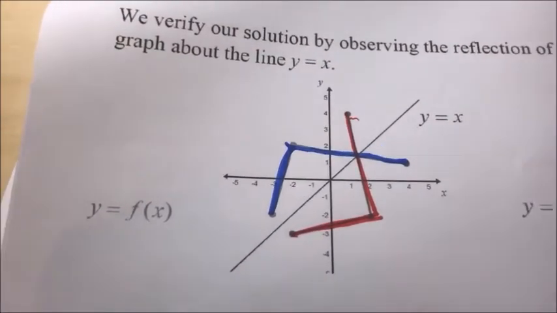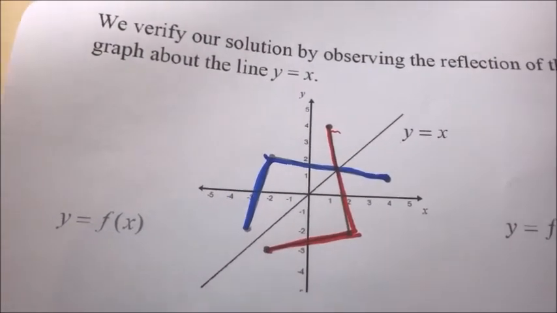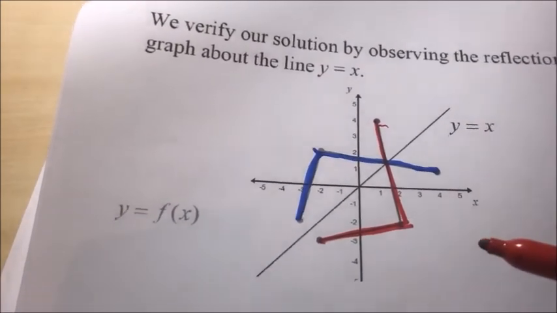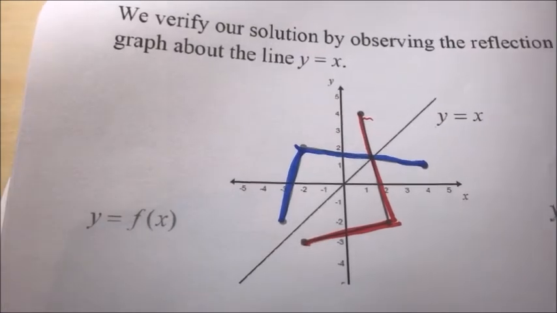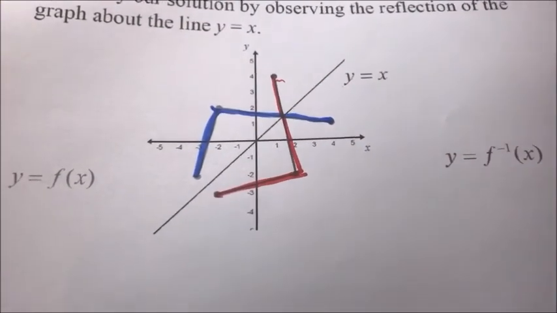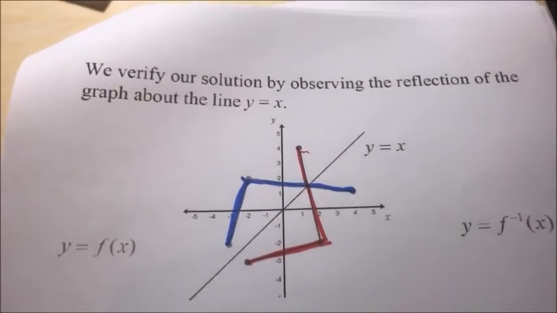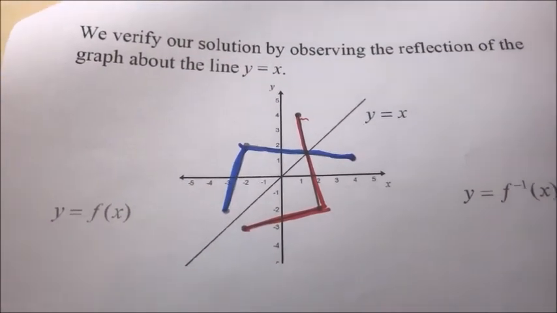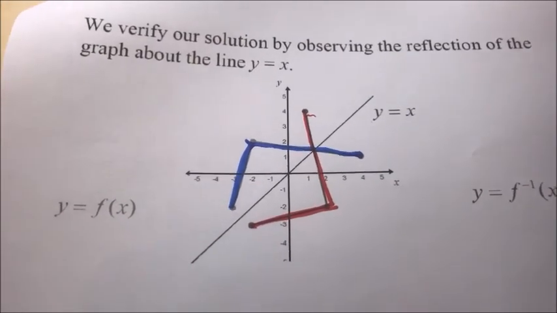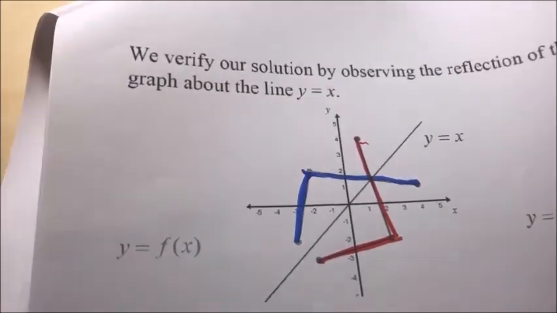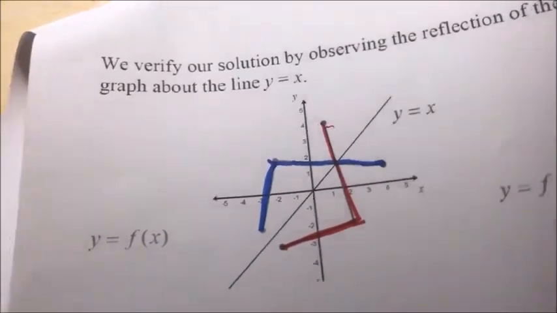There's a symmetry with respect to the line y equals x. So if you reflect the function over the line y equals x, you get its inverse, and vice versa. If you reflect the inverse, you get the function. So you can use reflection over the line y equals x to determine if 2 graphs you're looking at are inverses of each other.